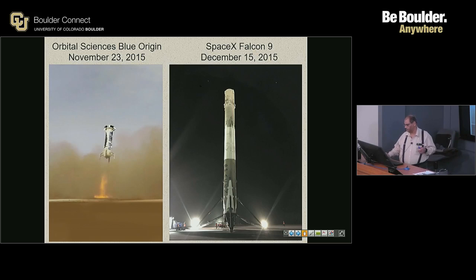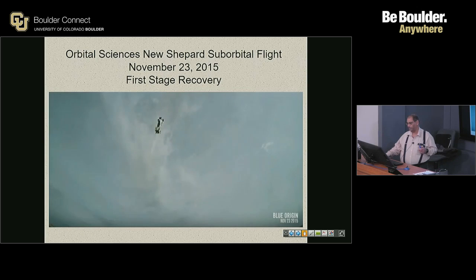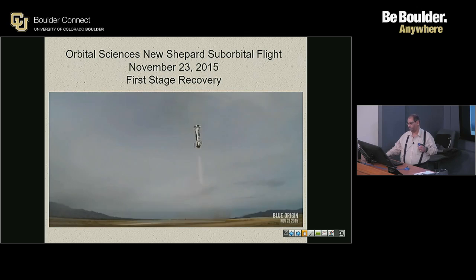This is, of course, the first stage recovered by SpaceX in December, and this one is the New Shepard. That's what Jeff Bezos calls it, Shepard, for the first American astronaut to fly in space.